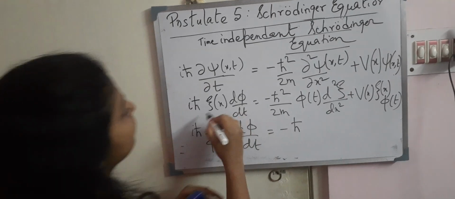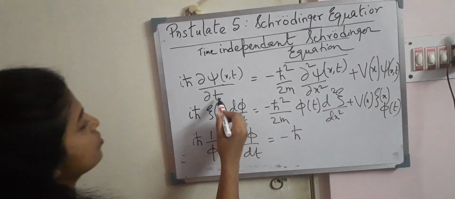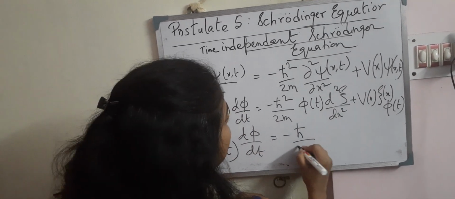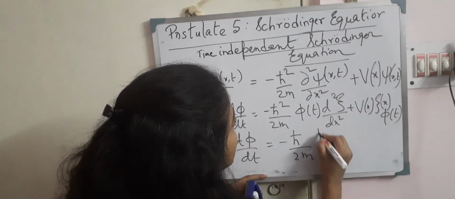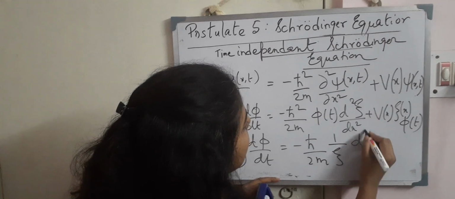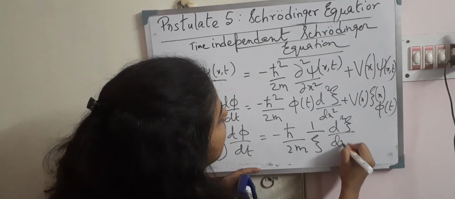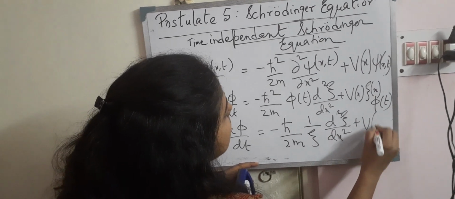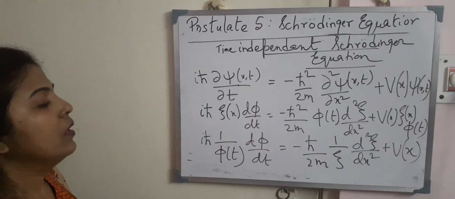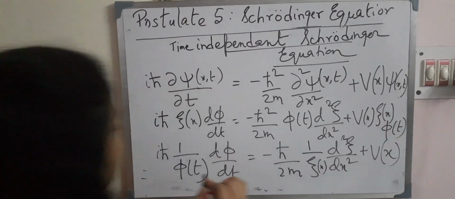So I have divided it by psi into phi. So psi cancels and I have this here, minus h cut square by 2m, and this will be 1 by psi, d2 psi dx square, plus v x. Okay, so here this psi is a function of x only.